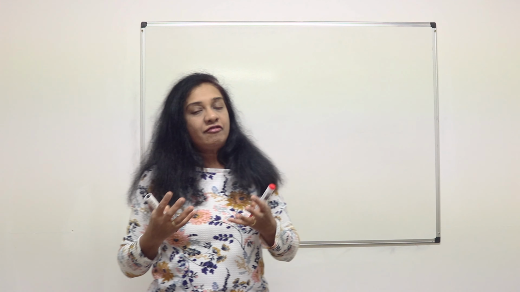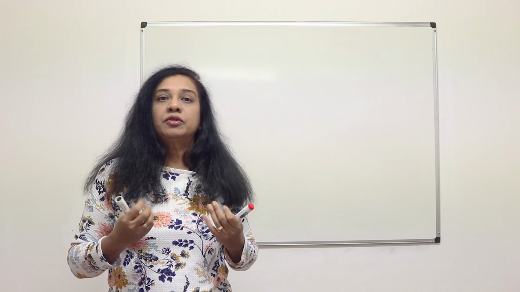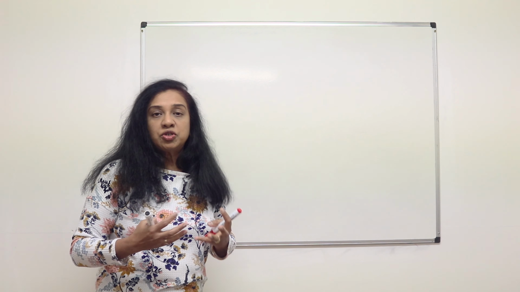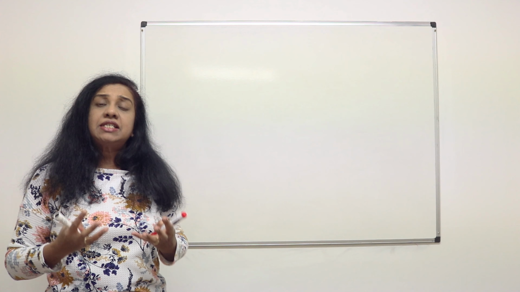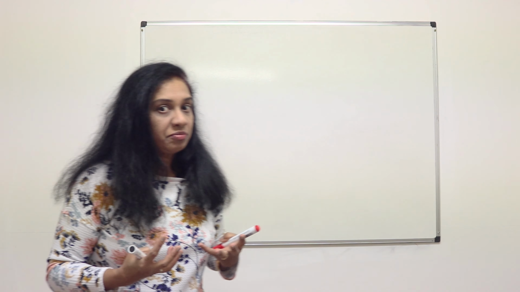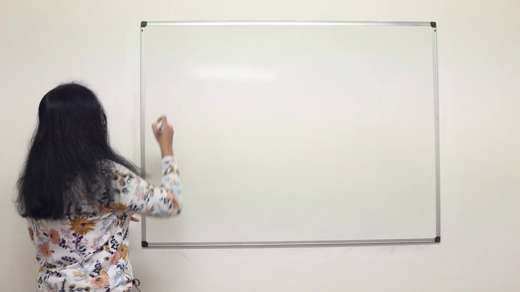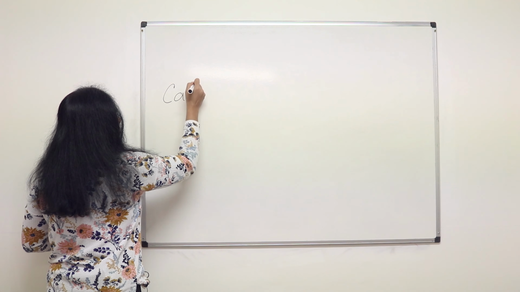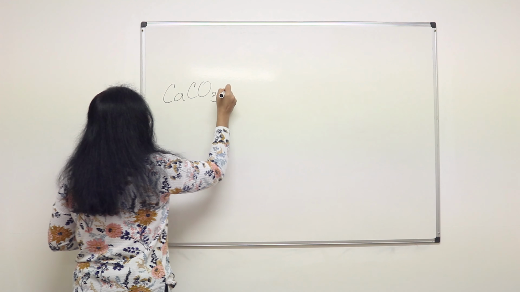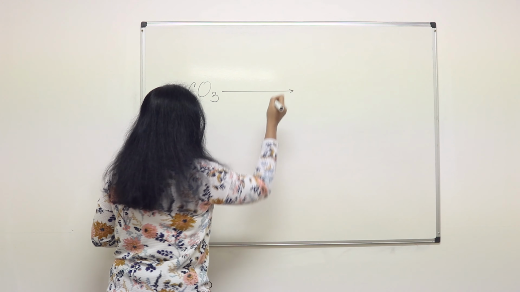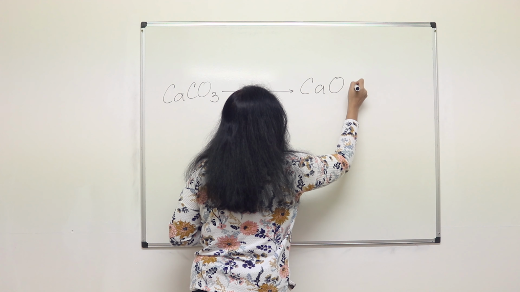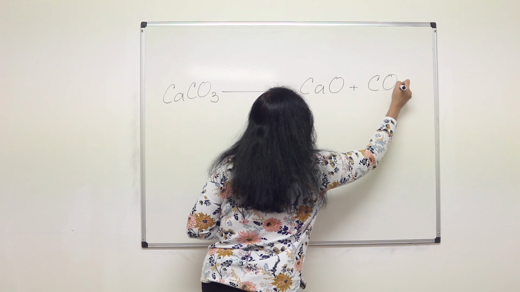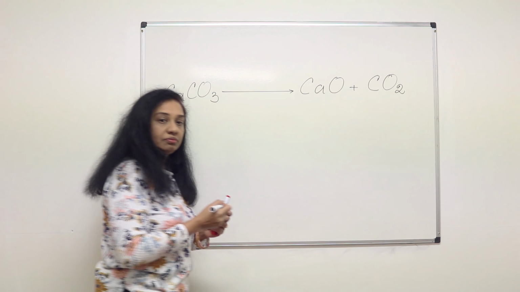So I'm going to take a very simple example and explain to you how to calculate the percentage yield. Let's take the thermal decomposition of calcium carbonate. You all know when calcium carbonate is thermally decomposed, it will form calcium oxide and carbon dioxide.